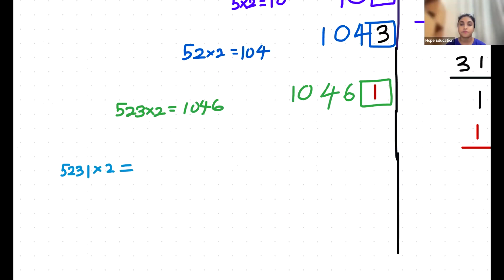Quickly make the calculation and tell me. 10,462. Yes. 2 times 1 is 2. 2 times 3 is 6. 2 times 2 is 4. And 2 times 5 is 10. So I have 10,462.